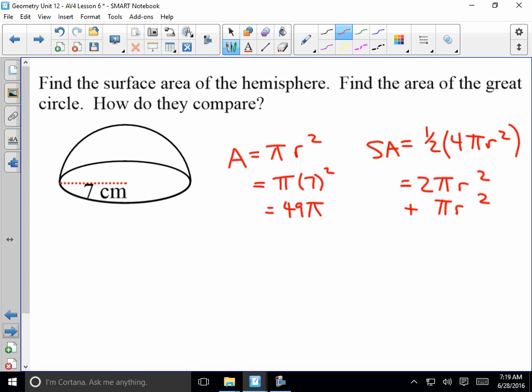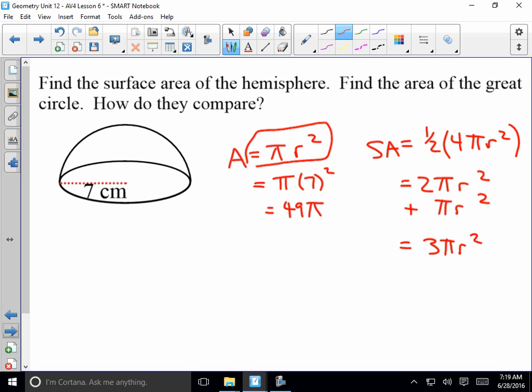So if we notice the relationship here, hopefully we're seeing we've got 3 pi r squared for the hemisphere. We've got 1 pi r squared for the great circle. So this is a 3-to-1 ratio. The surface area of the hemisphere is 3 times the size of the surface area of the great circle.